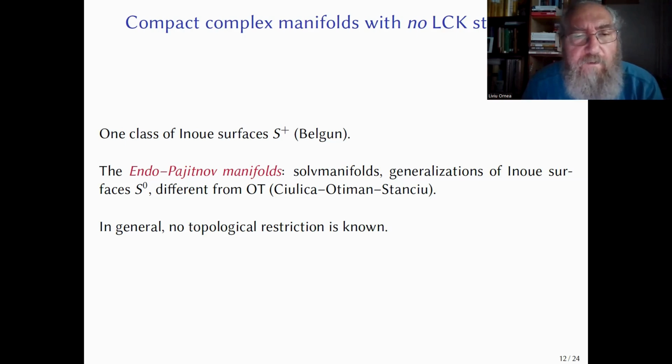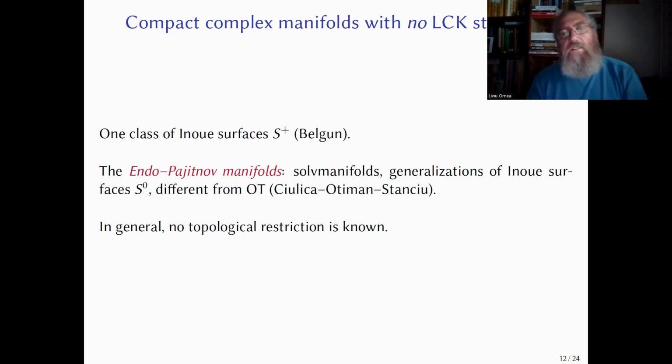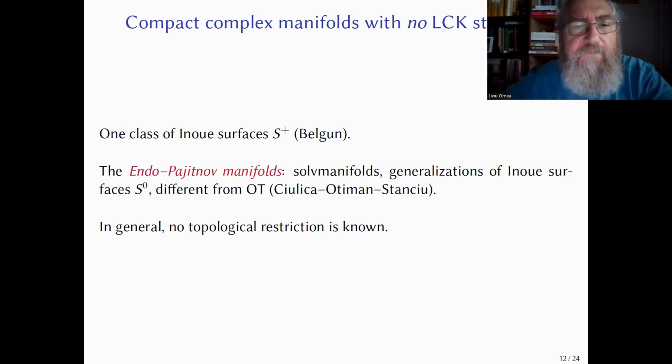So these Endo-Pajitnov manifolds are again associated to matrices, in this case from SL(2n+1, Z). But the construction is rather involved. I won't describe it. If you want to look, they are described in the Endo-Pajitnov paper, and also in a more recent paper by Chuliko, Otiman, and Stanciu, in which the metrics are also described.